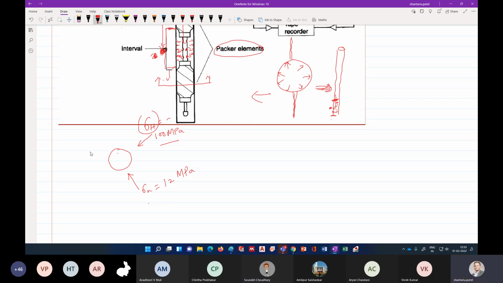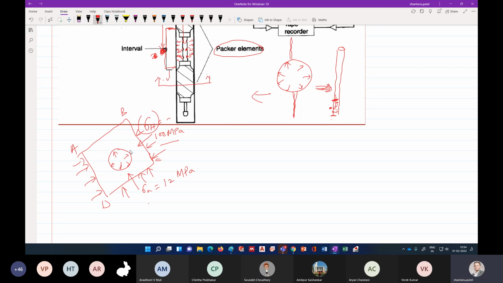Okay, so let's make it like this. You have a plate here, A, B, C, and D, and you are applying some 12 MPa load from this direction, and in this direction it is 100 MPa. In which direction will the crack open if I keep on increasing this pressure?